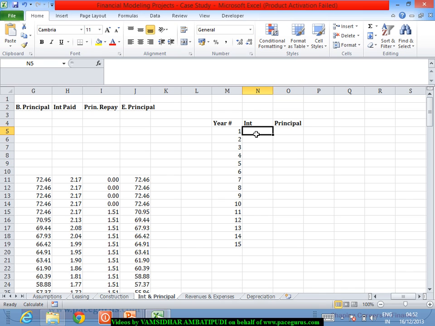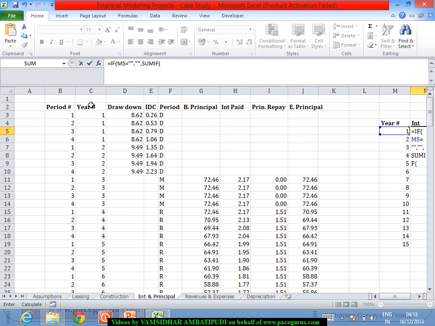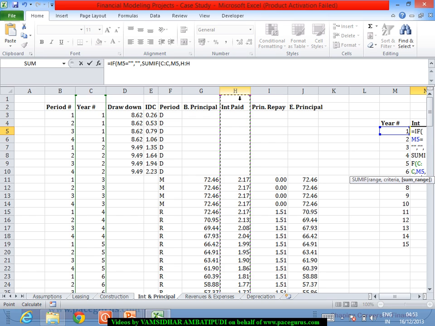And the interest payment is nothing but, if this cell is blank, leave it as blank. Otherwise do the summation of, sum if in this particular column where it is equal to the year number, you sum up the total interest payments.